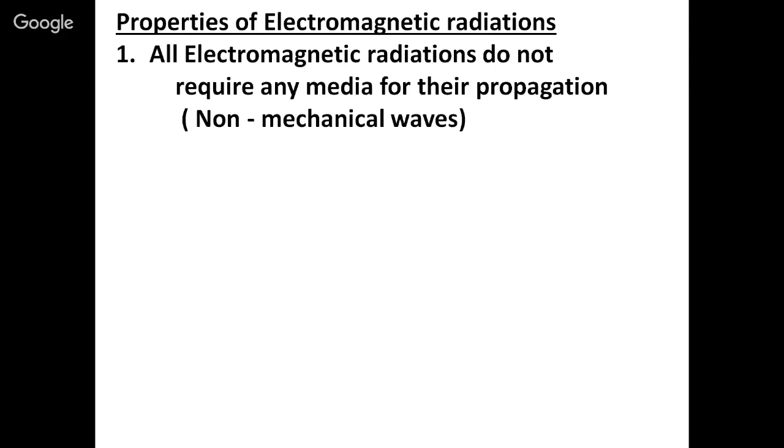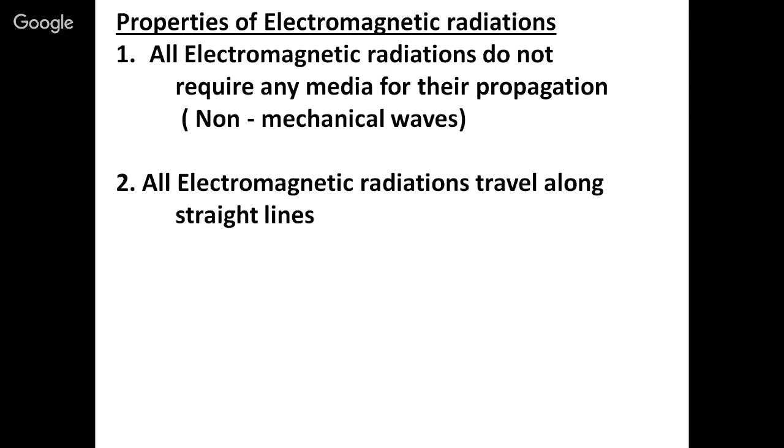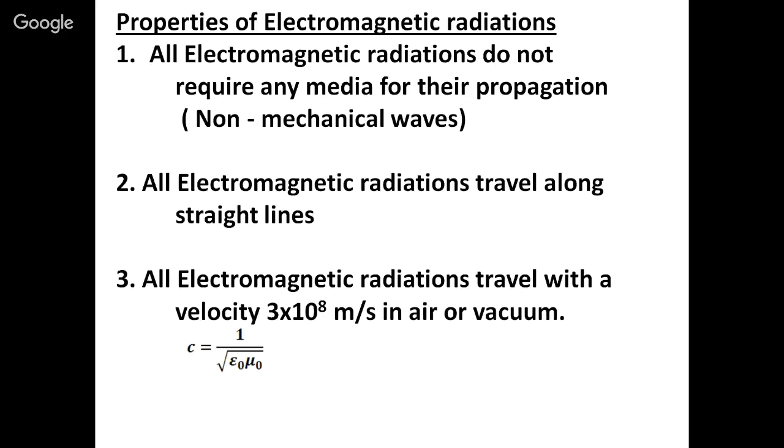Number two, all electromagnetic radiations travel along a straight line. All electromagnetic radiations travel with a velocity of 3 into 10 to the power 8 meter per second in air or vacuum.